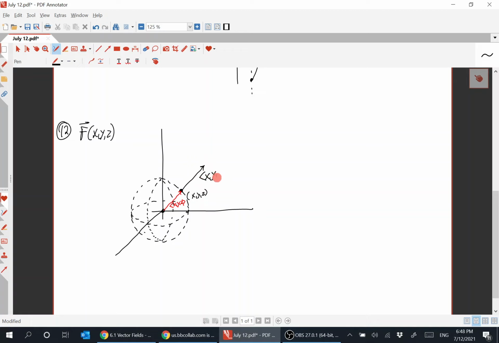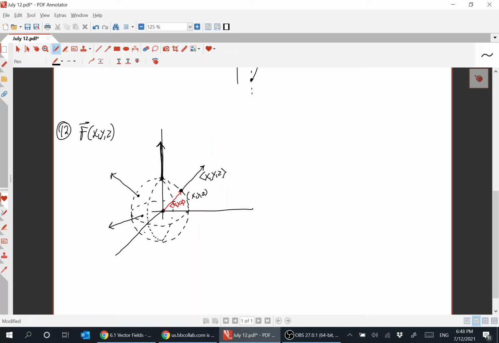So this is the vector <x, y, z> whose tail is at the point x, y, z. Right here, you'd have this vector.